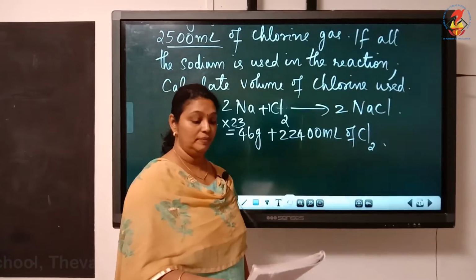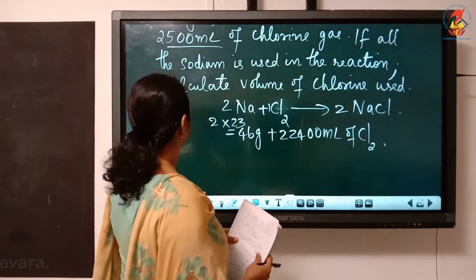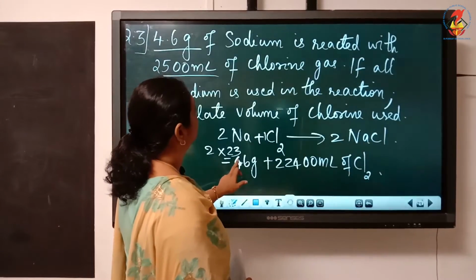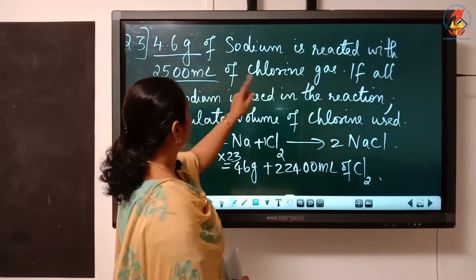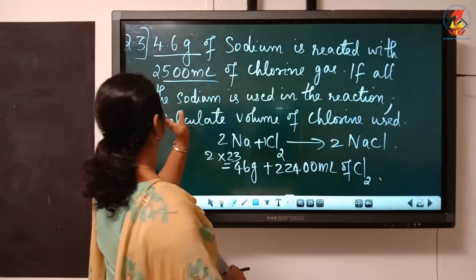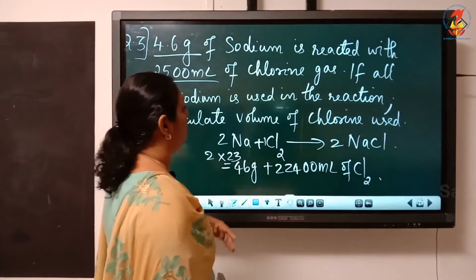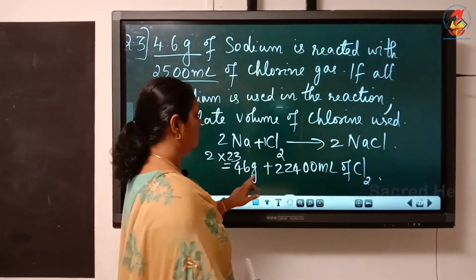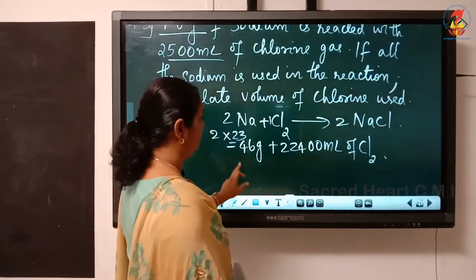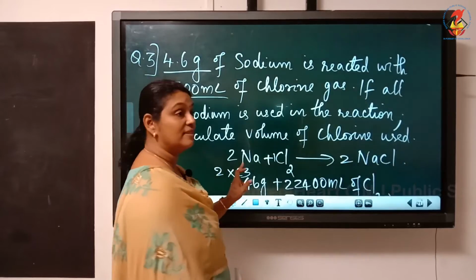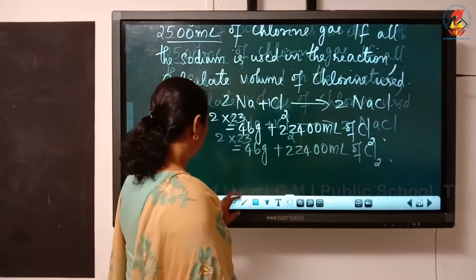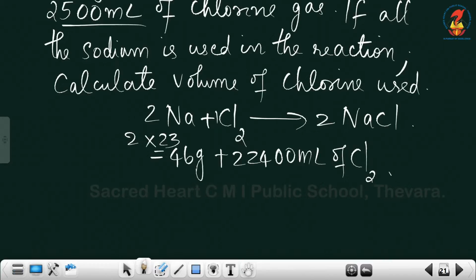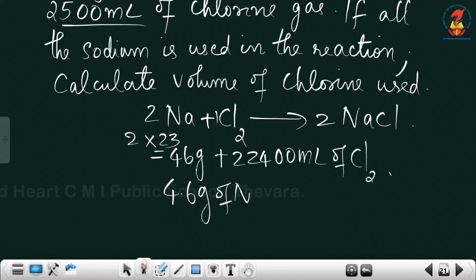Now, the question is, when 4.6 gram of sodium is reacted with chlorine, if all the sodium is used, calculate the volume of chlorine used. So we have to calculate the volume of chlorine used when 4.6 gram of sodium is reacted. The next step: 4.6 gram of sodium will combine with what volume of chlorine?